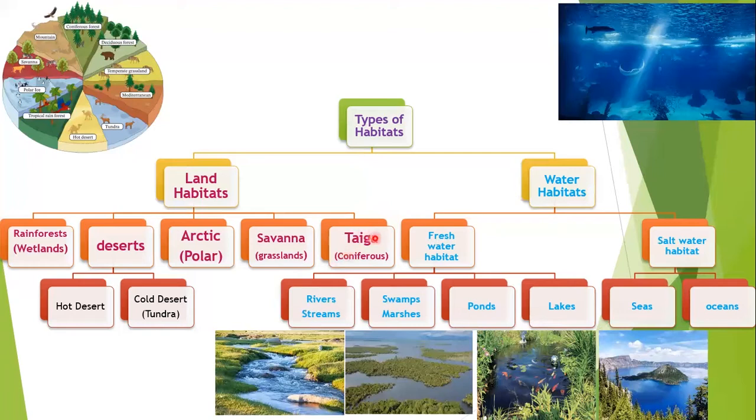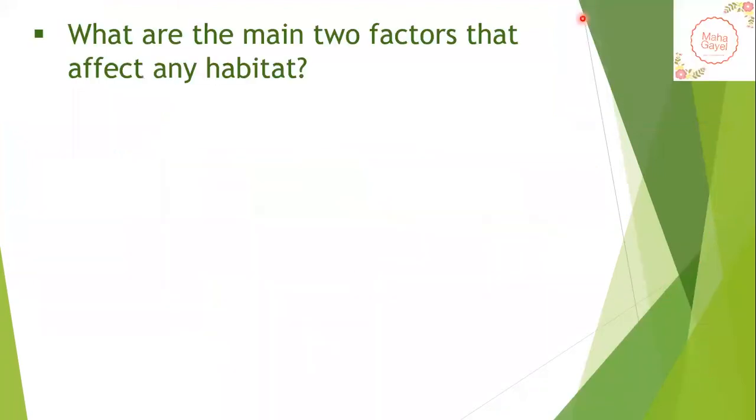You can find pine trees there in taiga, or coniferous forests. This was a quick look at the types of habitats. Of course, every type has its characteristics or features. So what are the main two factors that affect any habitat?